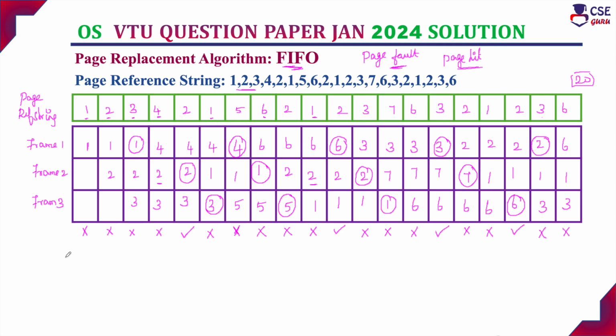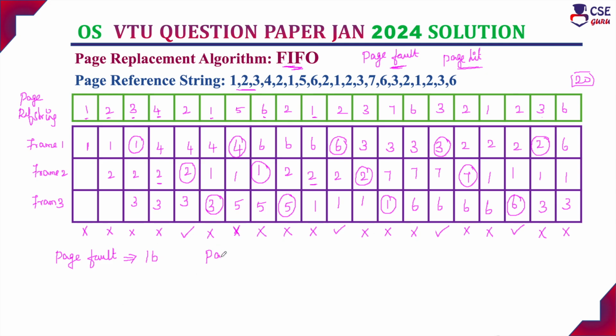Now how many page faults are there? You need to consider. So the page faults here are 4, 6, 8, 9, 10, 11, 12, 13, 14, 15, 16. So the number of page faults is 16.